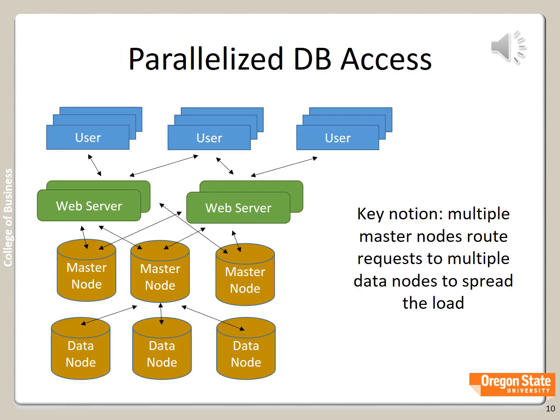This image shows a prototypical document store database installation. The single database server has been replaced by several master nodes able to accept requests for data. These master nodes then direct their specific data requests to one of several data nodes. It is very important to realize that this is an oversimplification. There are still coordination costs in a NoSQL environment.